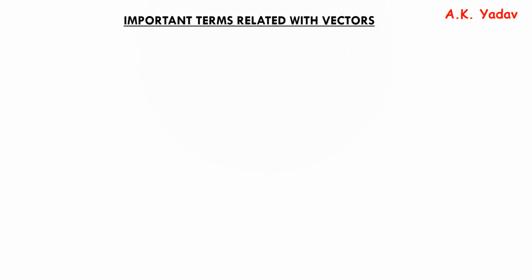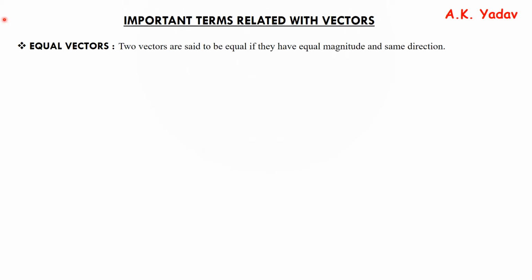Now let us study some more important terms related with vectors. Equal vectors. Two vectors are said to be equal if they have the same magnitude and same direction. So I have two vectors A and B. They have the same magnitude and they are in the same direction, so they can be considered as equal vectors. Negative vector.